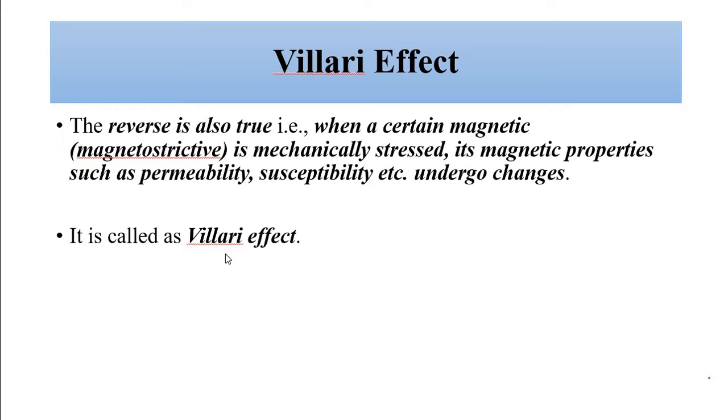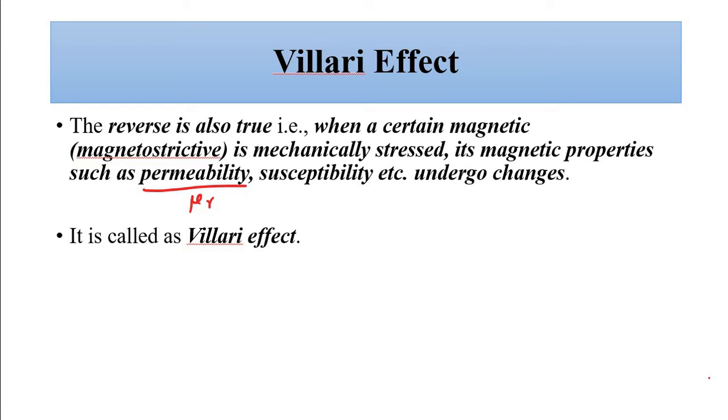We want to measure everything in terms of some electrical quantity, voltage or current. So stress, force or pressure is applied, and that causes a change in the magnetic characteristics, especially the relative permeability.